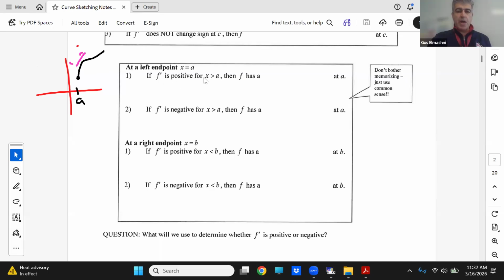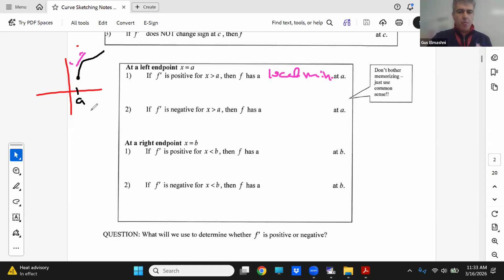So if F prime is positive after you pass A, then F has, I know it sounds a little counterintuitive, a local min because everything's higher than it. After you pass the left endpoint, everything just keeps rising. Of course, it could come back down again, not a problem, but everything's rising.